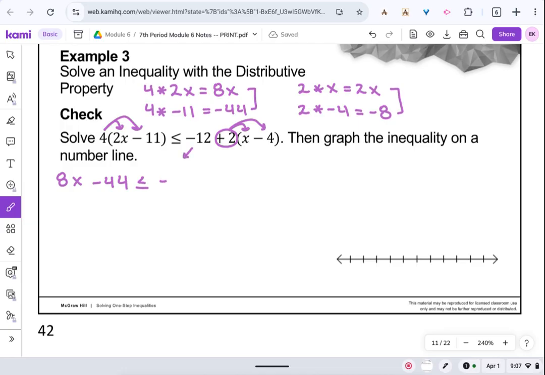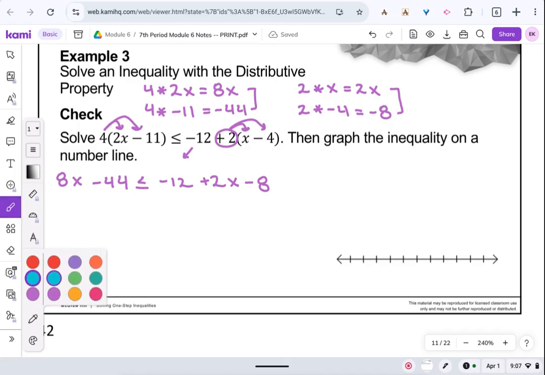So I need to make sure that that comes down as well. I have a positive 2x and a minus 8. On this right side, I've got two numbers that we can put together before we start solving, okay? So I've got a negative 12 minus 8. When we combine those together, we get negative 20.